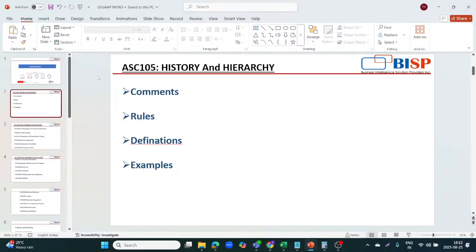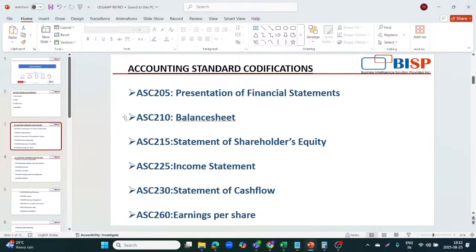Under 105, when we start in detail, we'll see the rules and definitions, and we'll cover some examples also under ASC 105. And these are the remaining accounting standard codifications which we will cover in US GAAP.